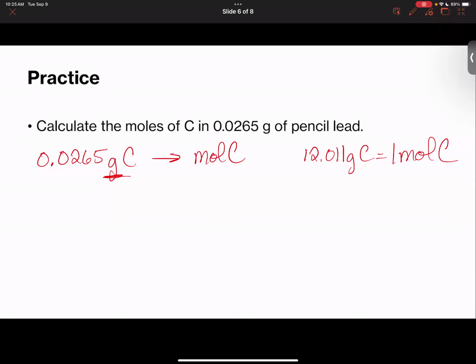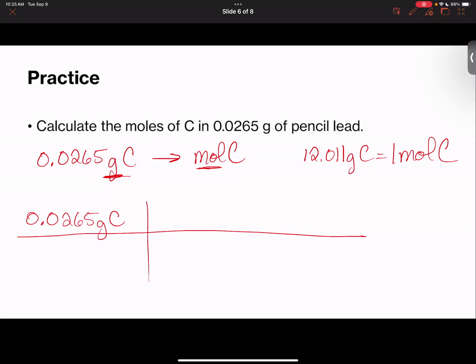Now, this actually had both units that I need, so I'm ready to do the math. So 0.0265 grams of carbon out of my conversion factor. The gram carbon needs to go in the denominator, so 12.011 grams of carbon will go in the denominator and 1 mole of carbon will go in the numerator.